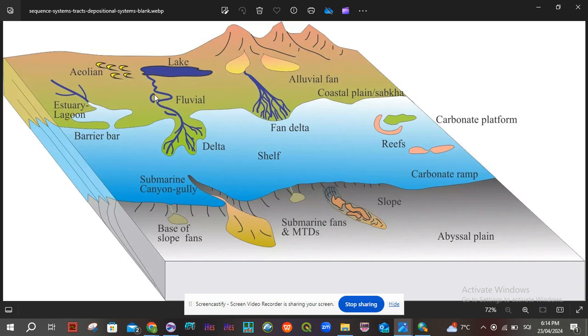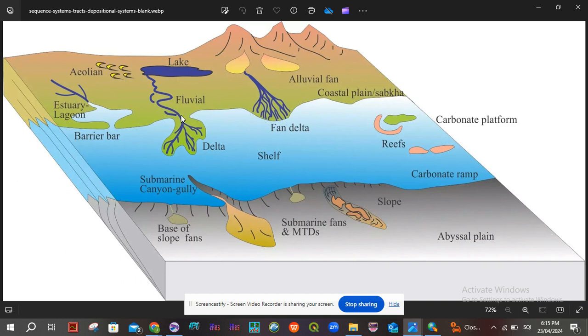This is an oxbow lake, meaning that the river was passing in this way, but it goes further, disconnects, and at the end of the day forms an oxbow lake. So in terms of reservoir, the channel is very good, and the sequence is a fining upward sequence. We're coming to the sequence for each deposit.